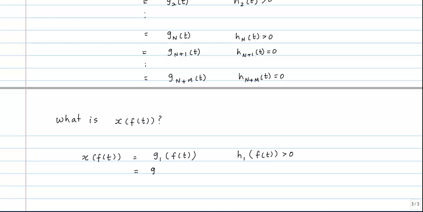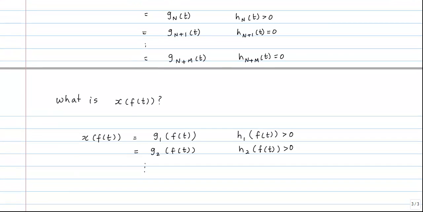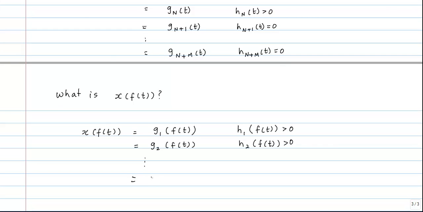And this is equal to g2 of f of t for the range of values defined by h2 of f of t being greater than 0, so on and so forth. So we can go up to the nth value, gn of f of t for hn of f of t being greater than 0.